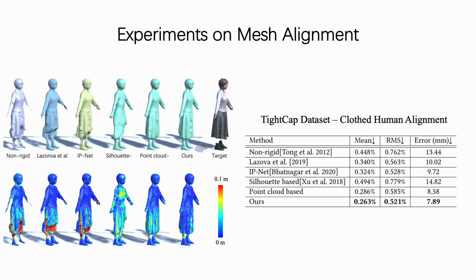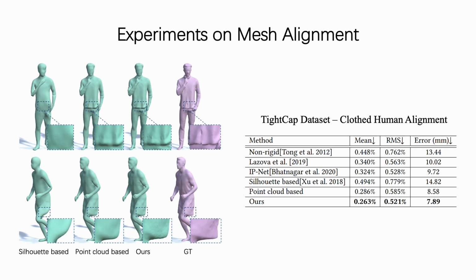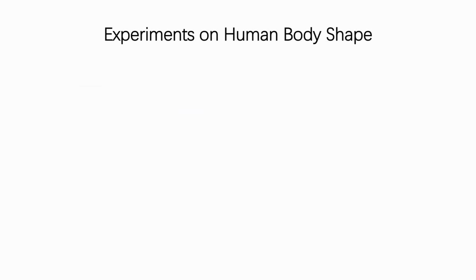Next, we evaluate the TightCap method on this dataset and other benchmarks. Here we compare our results with other SOTA methods qualitatively and quantitatively. Without the good initial state provided by the silhouette-based deformation, the non-rigid baseline cannot converge to a good result. This figure clearly demonstrates the effectiveness of each stage in our alignment scheme.